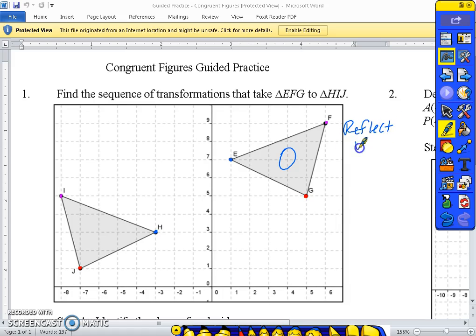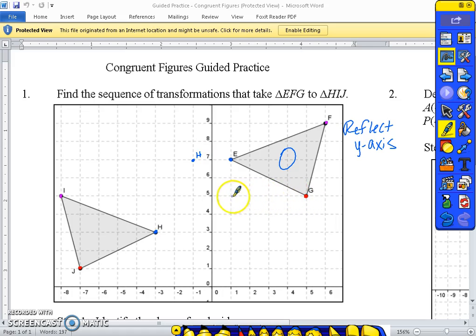And this is kind of trial and error. You try something first, see if you can get a second step. If you can't, then you start over. So we're going from our original to over here. So E prime, or H, is what we're calling our new image. It's going to be here.